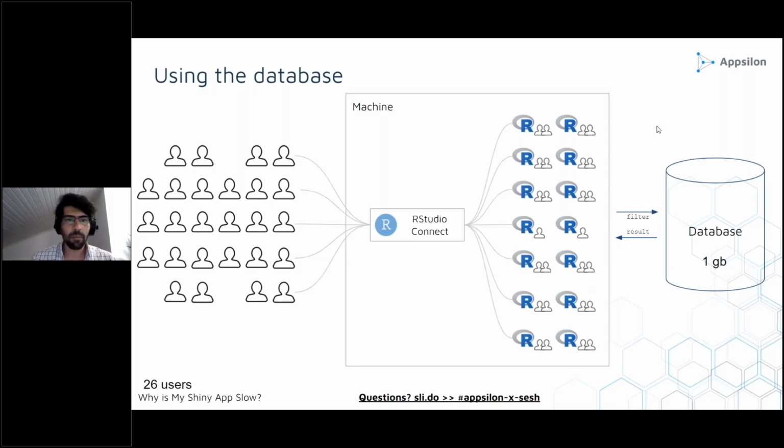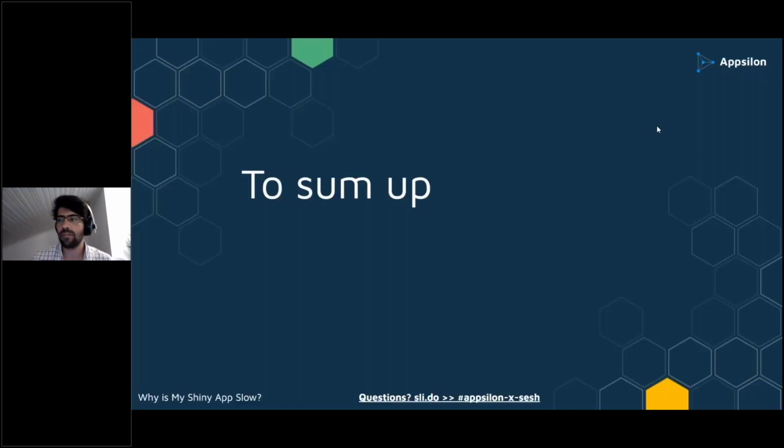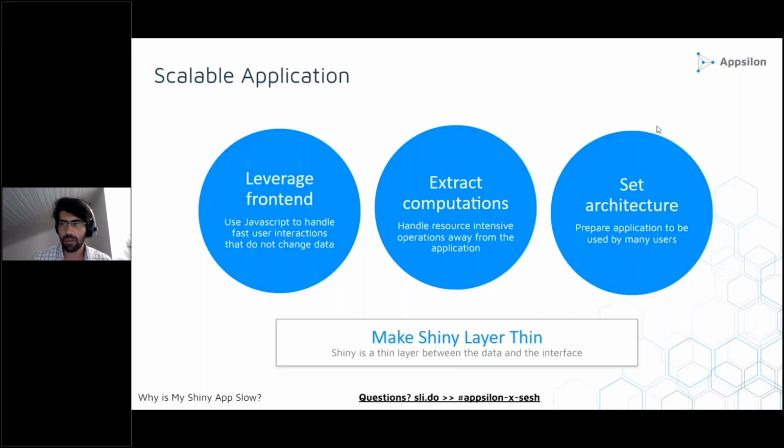So just to quickly sum up, in addition to those paid easy solutions where you can just scale the actual size of the service, remember that you can leverage the front end, so use JavaScript to handle the user interactions that don't really need to change anything in the data. Make sure that you extract computations.